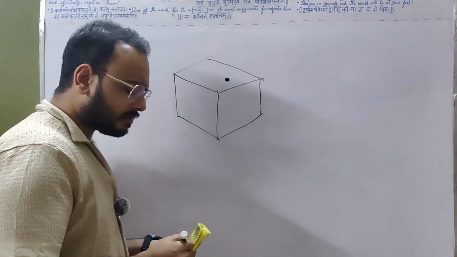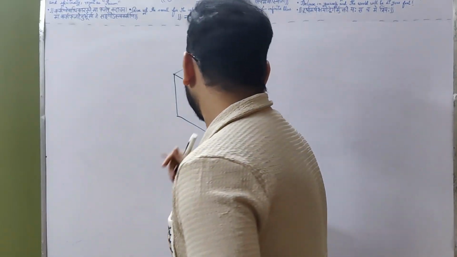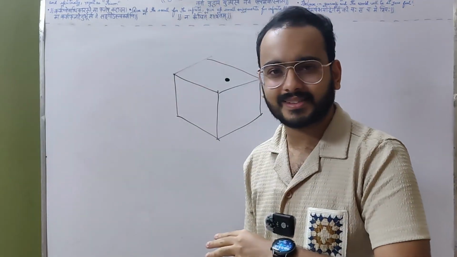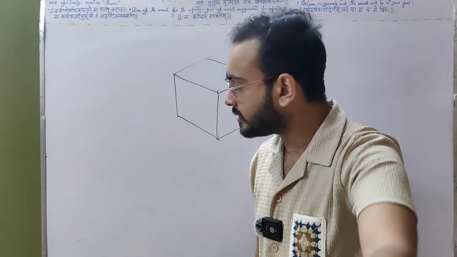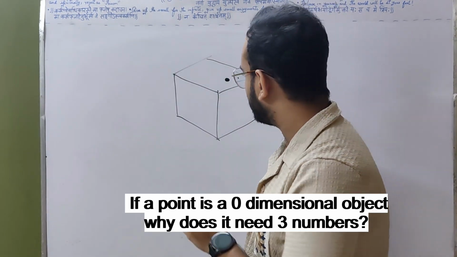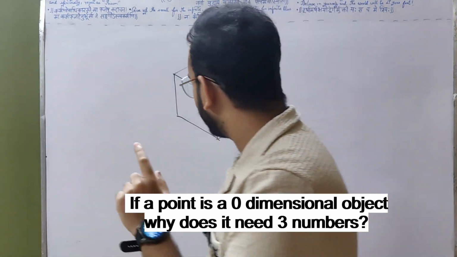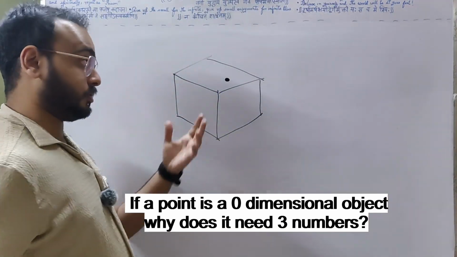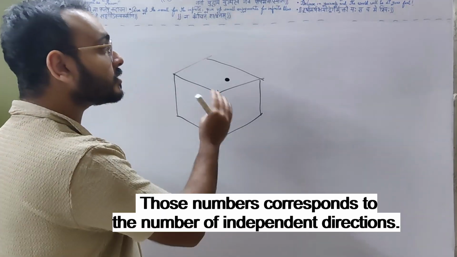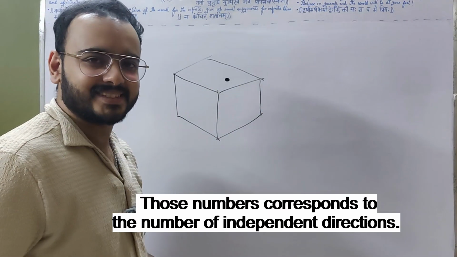Now, many of my viewers who have been through their books know that I will need 3 numbers to locate a point. But my question to you is, if the point is a zero-dimensional object, why do I need 3 numbers? It is zero-dimensional, I should require no numbers at all. But my dear friends, those numbers correspond to the independent directions, not to the point.